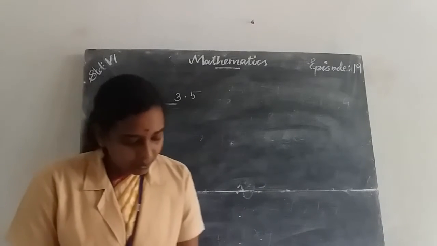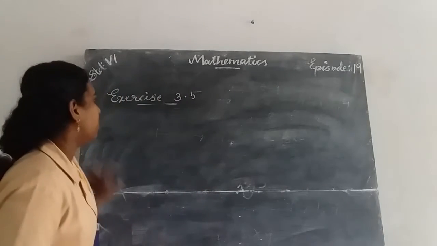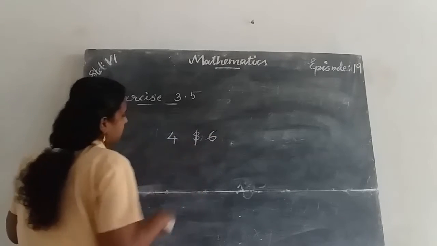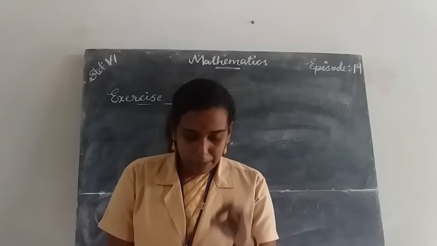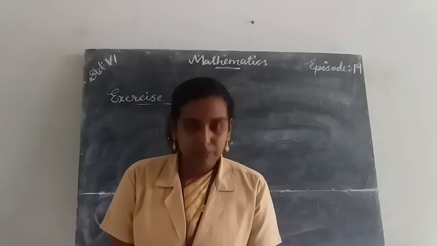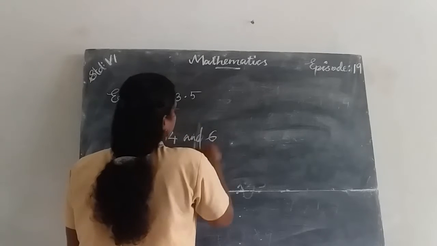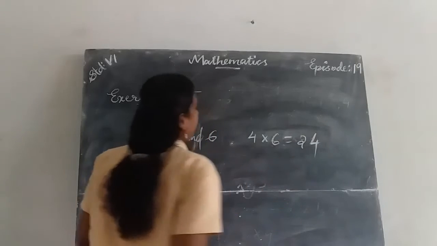Similarly, a number which is divisible by both the 4 and 6. Any number. Okay. If a number is divisible by both the 4 and 6, then the question is, can we say that the number must also be divisible by 4 into 6? 4 into 6 is equal to 24. Okay.